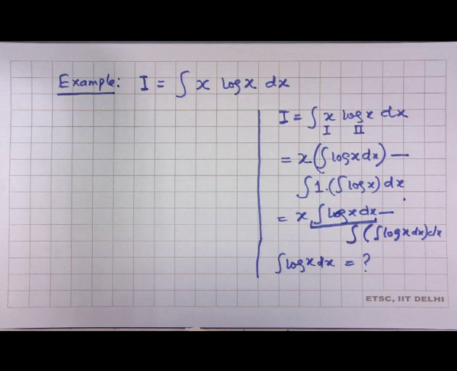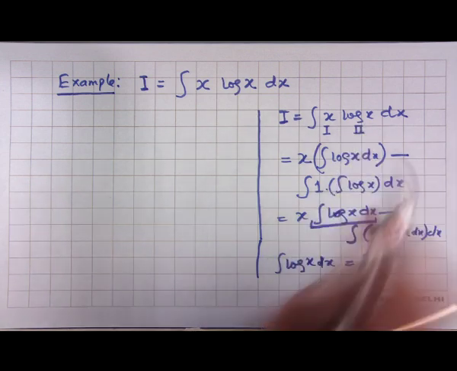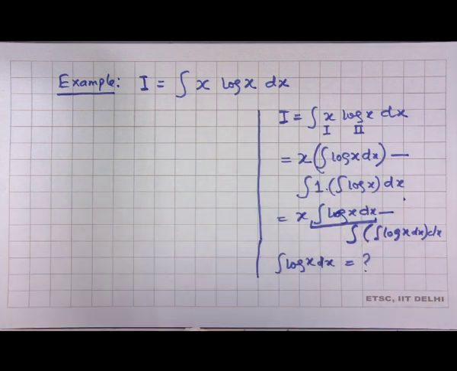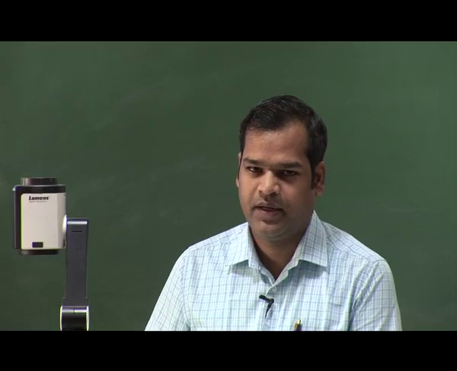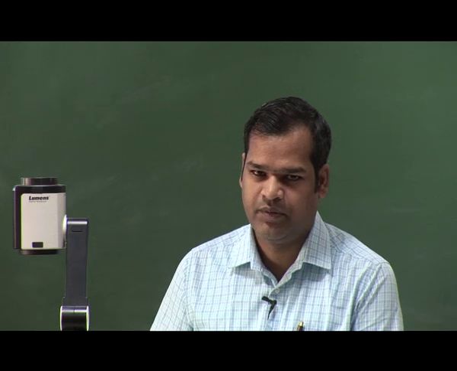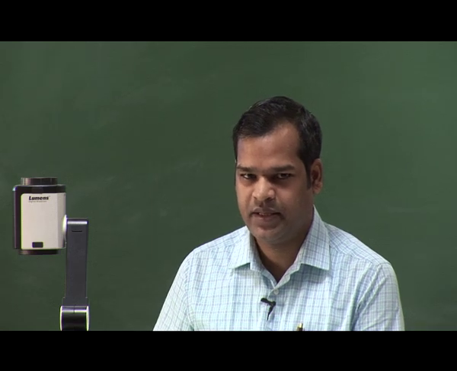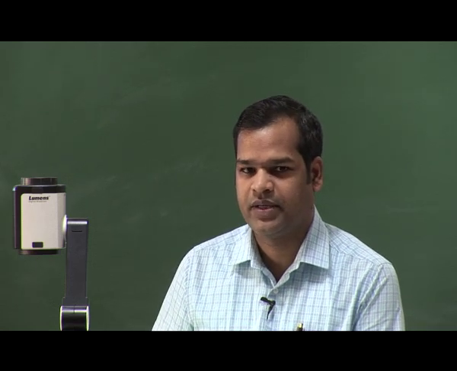So, making a choice of x as first function, as it was vanishing, and log x as second function did not help us here. It is not always the case that choosing a polynomial function which vanishes will help you. It depends on other functions also which are present in the integrand as a product.